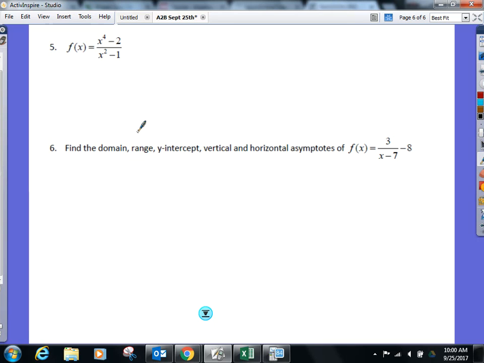Go, go, go. Nobody cares about the numerator, just the denominator for undefined.